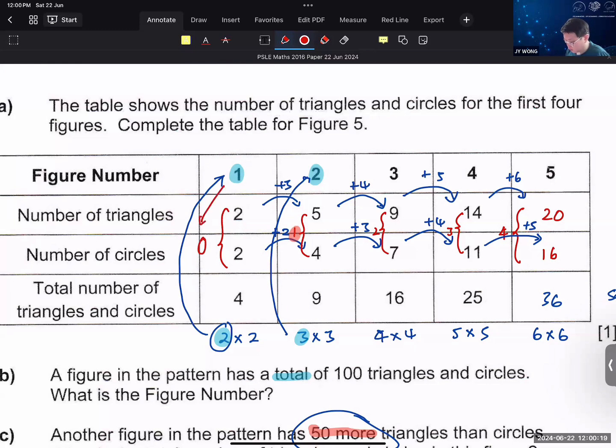How does it relate to the figure number? Figure number minus 1 to get 0. What's the difference in the second pattern? The difference is 1. How do you get 1? Figure number minus 1.